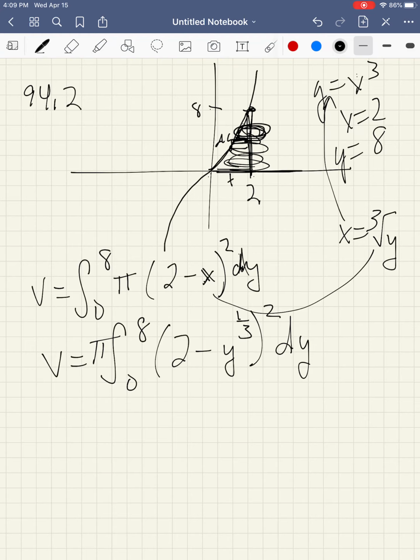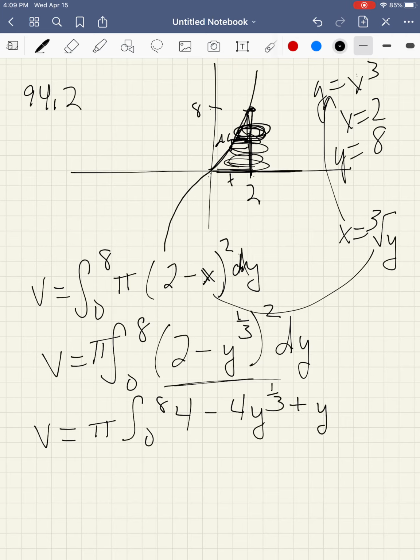Now it says to evaluate it, so we have to use FOIL to multiply this out. So that's V equals pi integral from 0 to 8 of 4 minus 4 y to the 1/3 plus y to the 2/3, and all of that times dy.